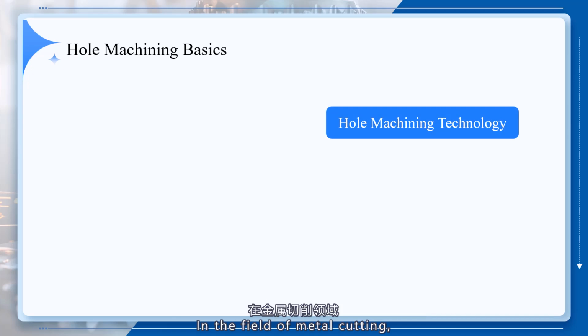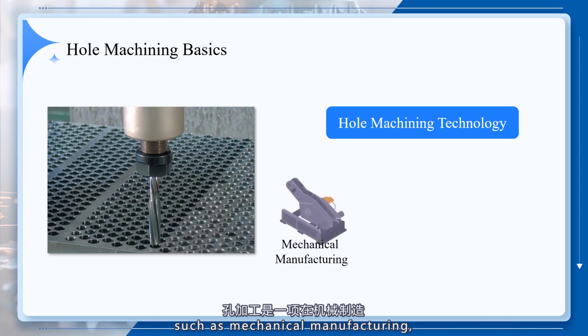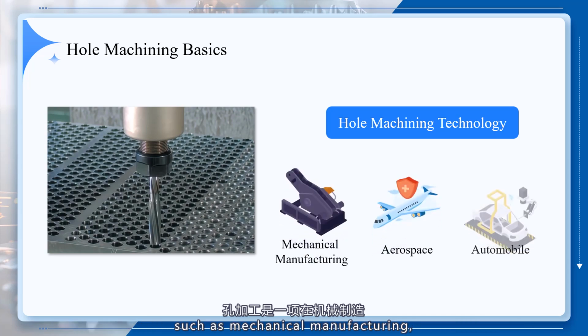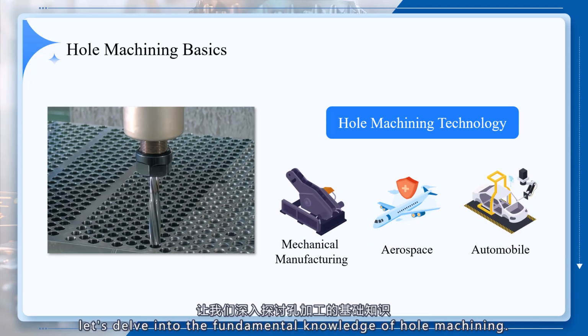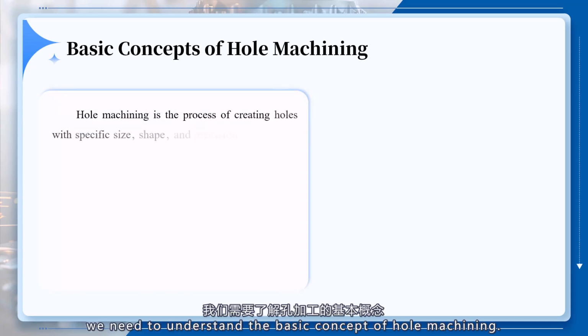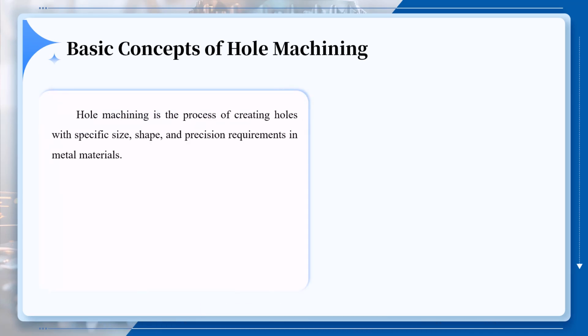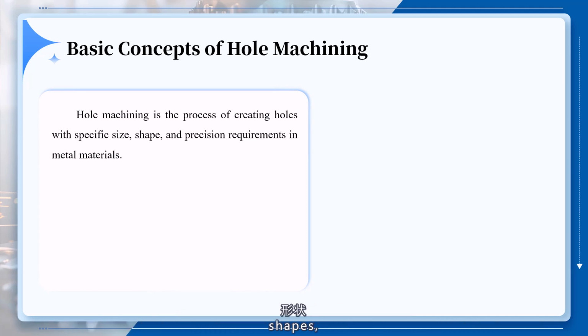In the field of metal cutting, hole machining is a crucial technique widely used in various industries such as mechanical manufacturing, aerospace, and automotive. Next, let's delve into the fundamental knowledge of hole machining. First, we need to understand the basic concept of hole machining. Simply put, hole machining is the process of creating holes with specific dimensions, shapes, and precision requirements in metal materials.